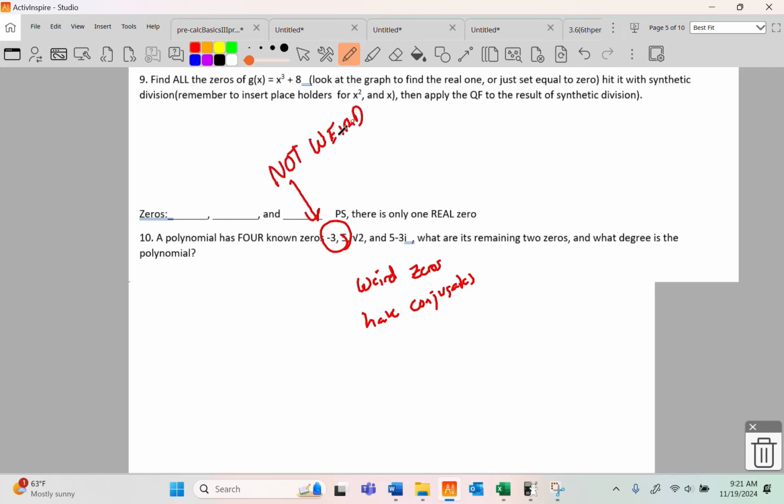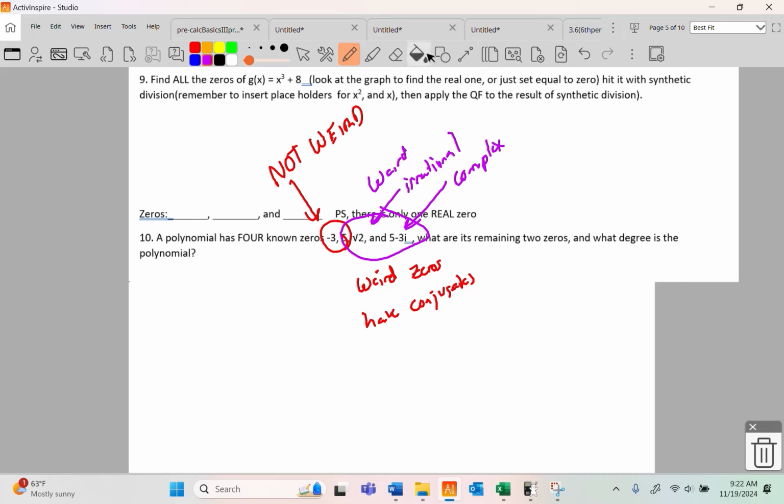A negative number is not weird. All right? These guys, they're the weird ones. This guy is literally irrational. And this guy is literally complex. All right? They're the weird ones. One of them's complex, one of them's irrational.